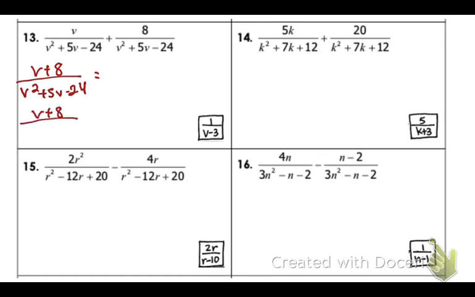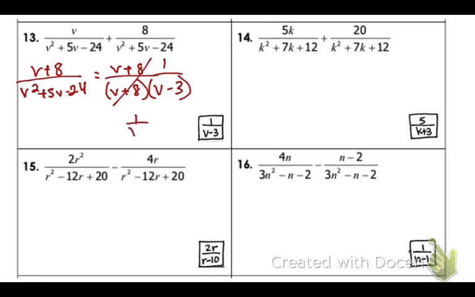However, I can factor the v squared plus 5v minus 24. Let me write it over here. So this is going to be v plus 8 and v minus 3. These will cancel. That's how we get a 1 at the top. So it'll be 1 over v minus 3. Okay?